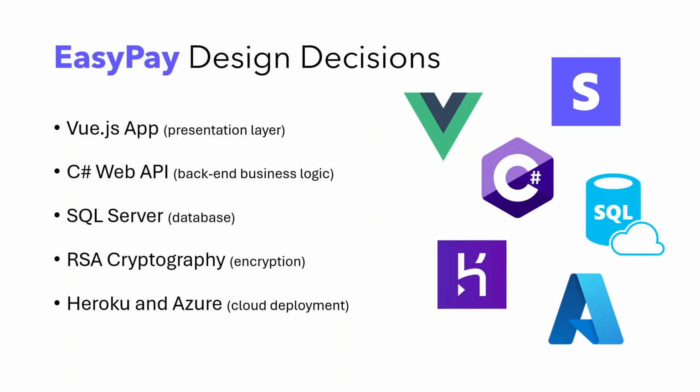So if I had my publishable key in the front end, then when the information got sent to the back end, I could decrypt it with the private key, which would be stored on the API that is only viewable by the developers. That pretty much covers most of the design decisions we took for this EasyPay app.